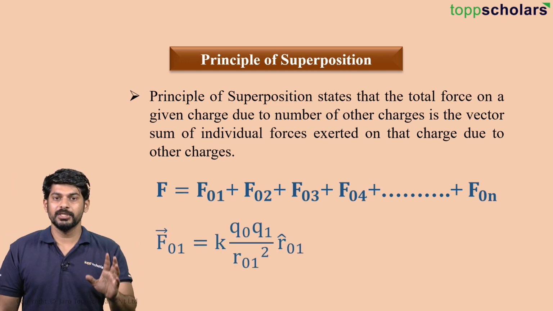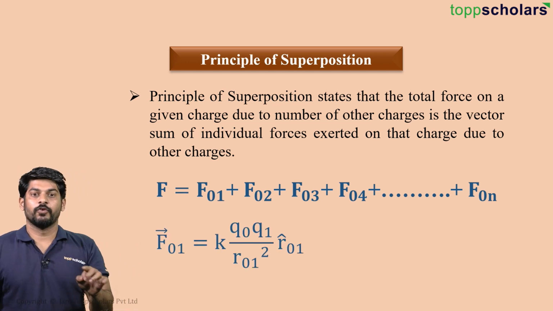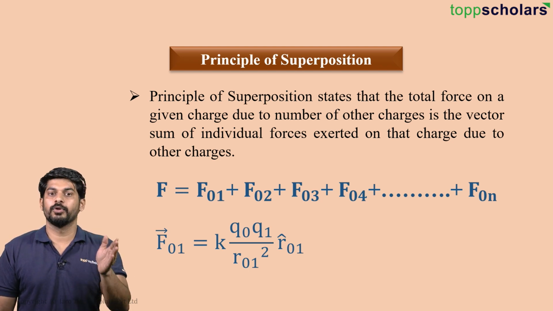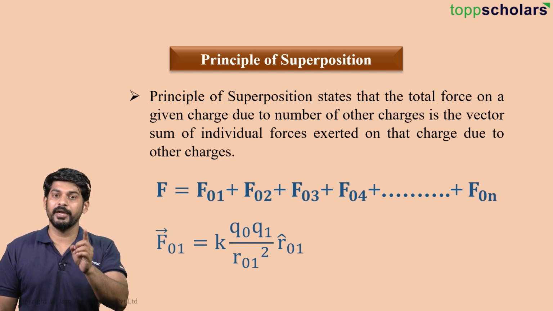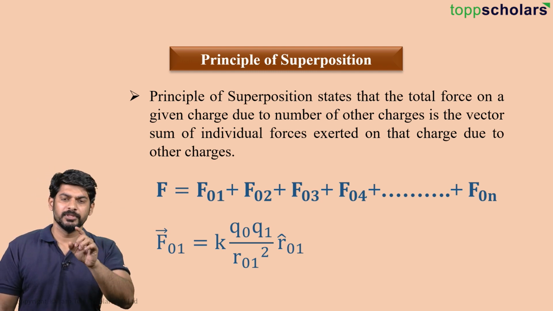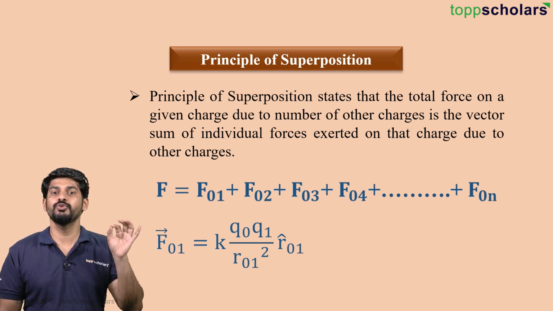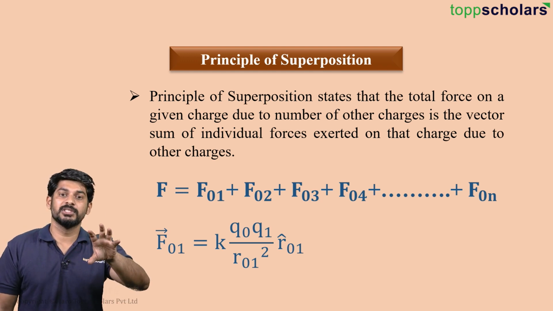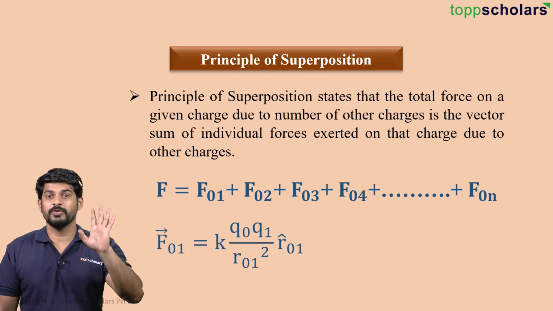So over here we can write in vector form F10 is equal to K Q0 Q1 upon R01 squared R01 cap. This R01 cap is nothing but the unit vector, or we can say this is the vector representation of the force.